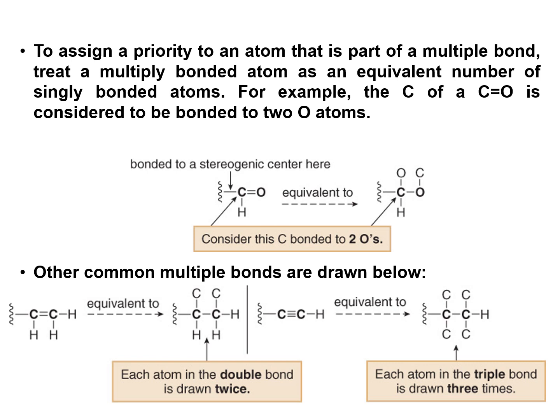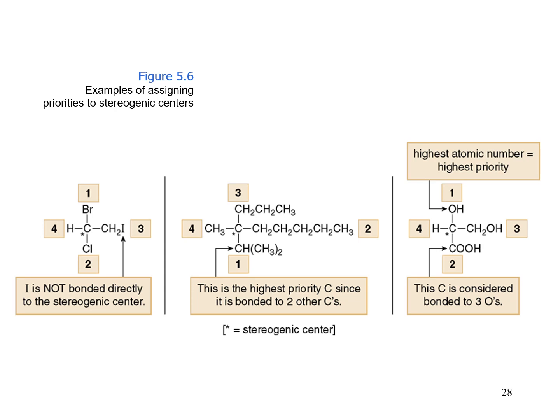Other common multiple bonds are drawn like this one. For example, a carbon double bond means one carbon with this carbon, and the other carbon with this carbon, and a carbon triple bond means one carbon with these two carbons, and this carbon again with two carbons. So each atom in the double bond is drawn twice, and each atom in the triple bond is drawn 3 times. Based on this, we have to assign.